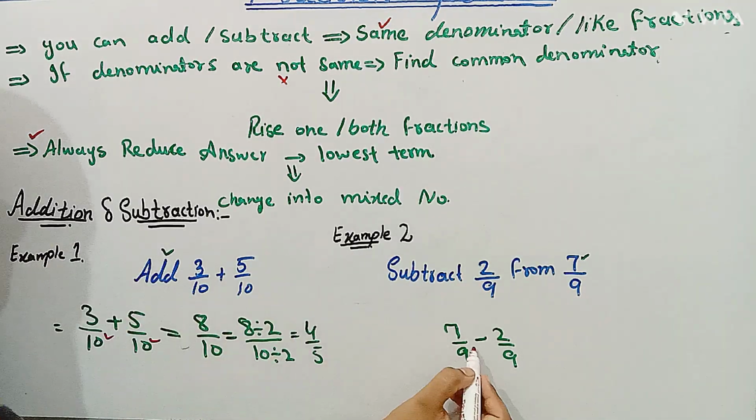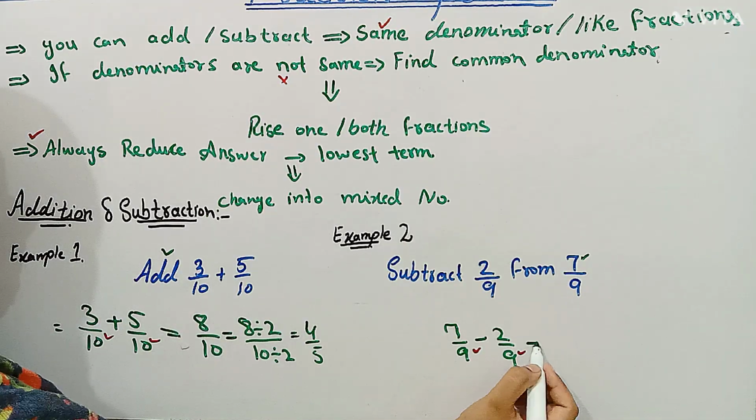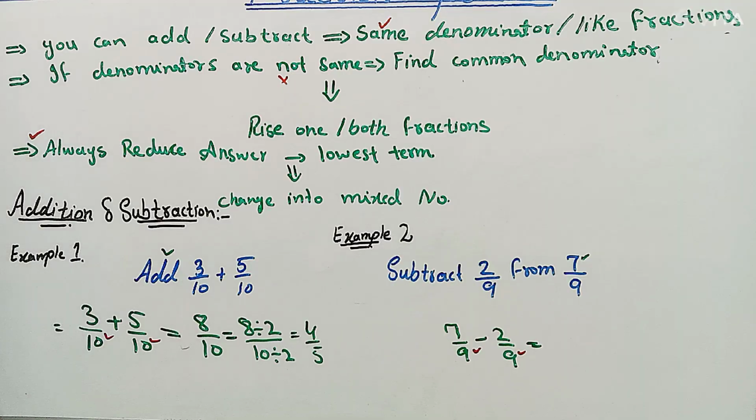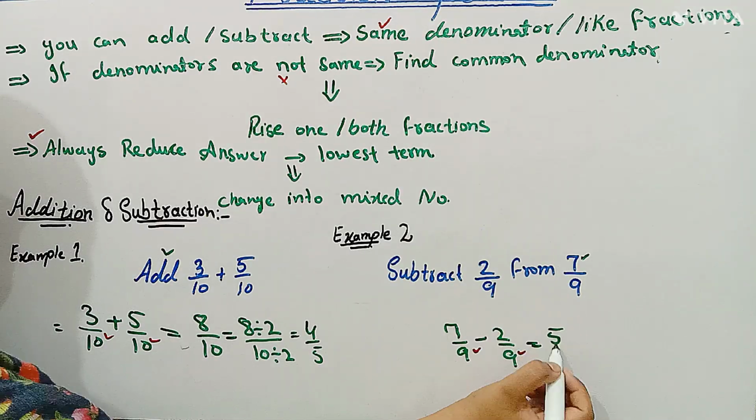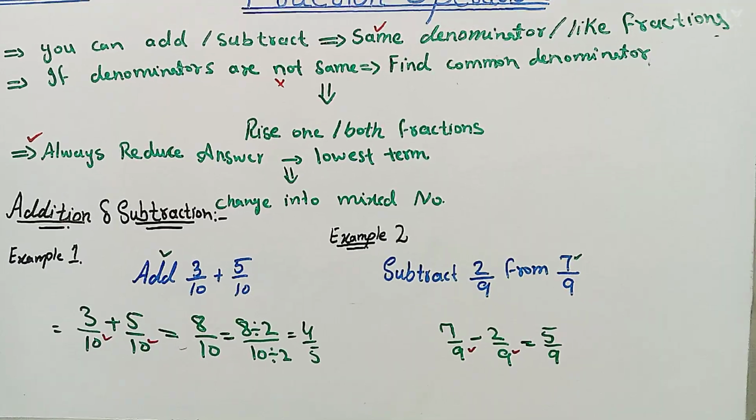Now there are the same denominators, 9 and 9, so you can directly subtract them. 7 minus 2 is 5, so 5 over 9. When we subtract, there is already the lowest term in our answer.